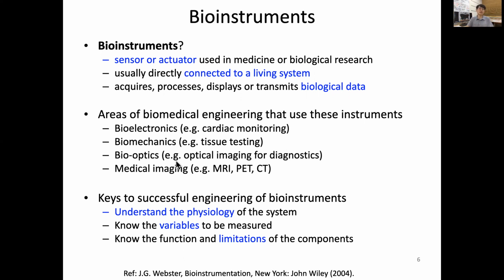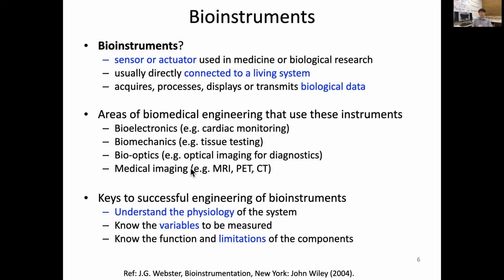A good example is endoscopy, the optical endoscope. And medical imaging is also another area using these instruments, such as MRI, magnetic resonance imaging, PET, positron emission tomography, and CT, which is X-ray computed tomography. These are the kinds of instruments.